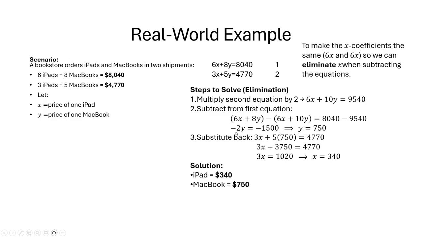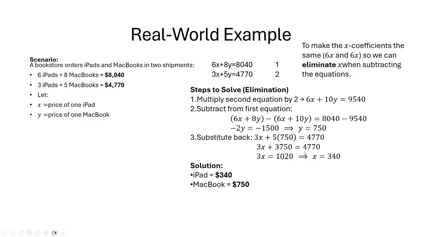So we have to divide it by negative 2 to find y. And so two negatives equal a positive, and that comes out to be y equals 750. And so our y is 750 MacBooks. And so number 3, to find x, we substitute it back. So it would be 3x plus 5 times 750 equals the 4,770, and 5 times 750 comes out to be 3,750.